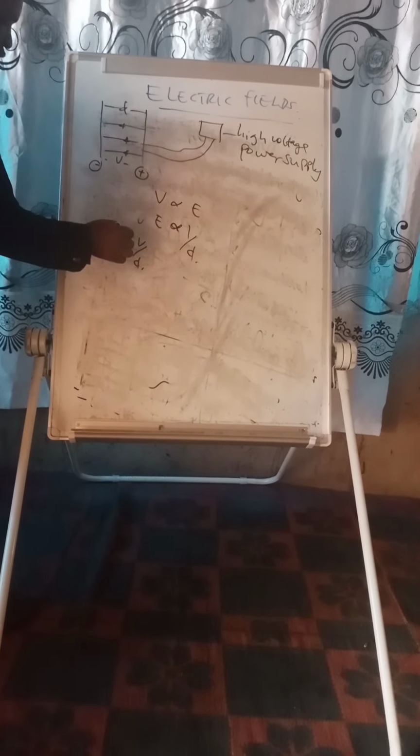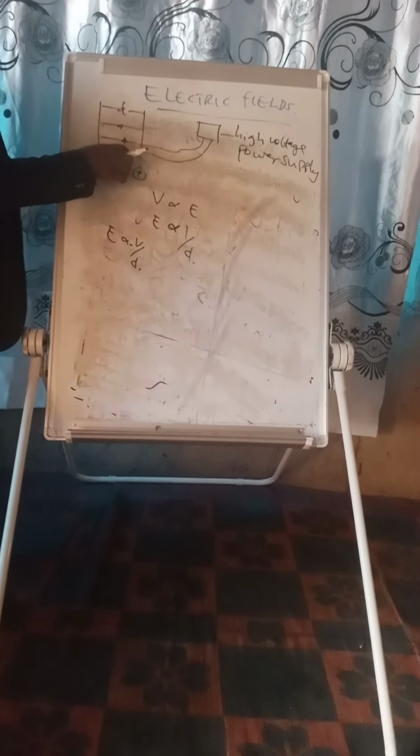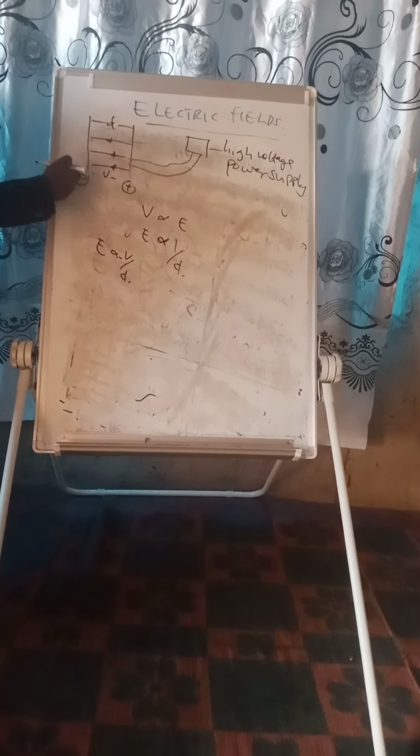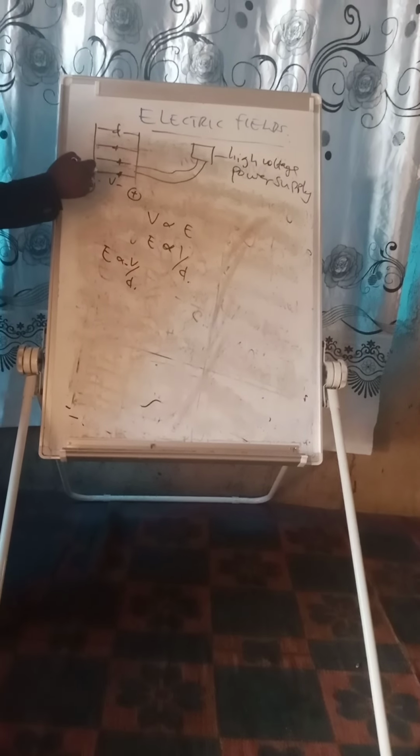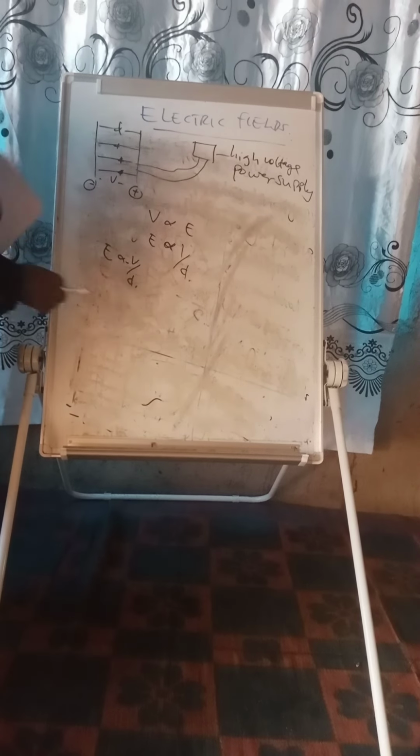And then we also put a negative sign here. This negative indicates that the field moves in this direction, as the arrow shows, and the force moves in this direction.